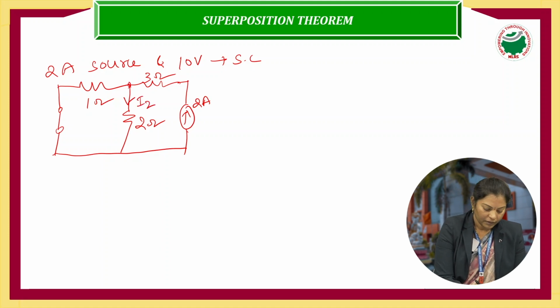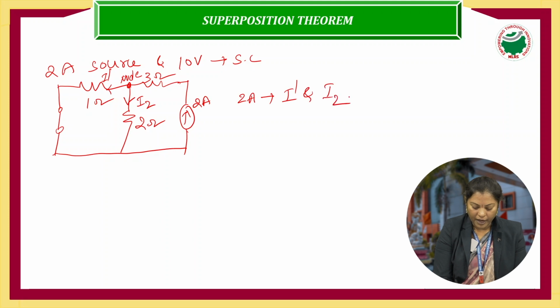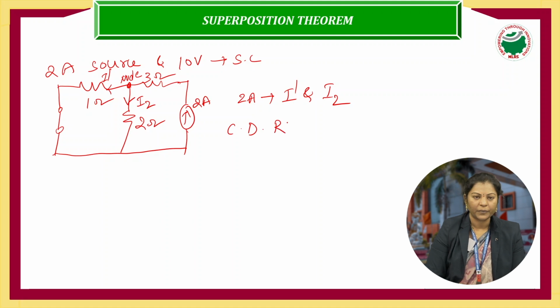I am considering this current as I2. Here the 2 amperes divides at this node into I dash and I2. So the total current, 2 amperes, is dividing into I dash and I2. For this I am applying the current division rule. As per the current division rule, this current divides between the 1 ohm resistor and the 2 ohm resistor.